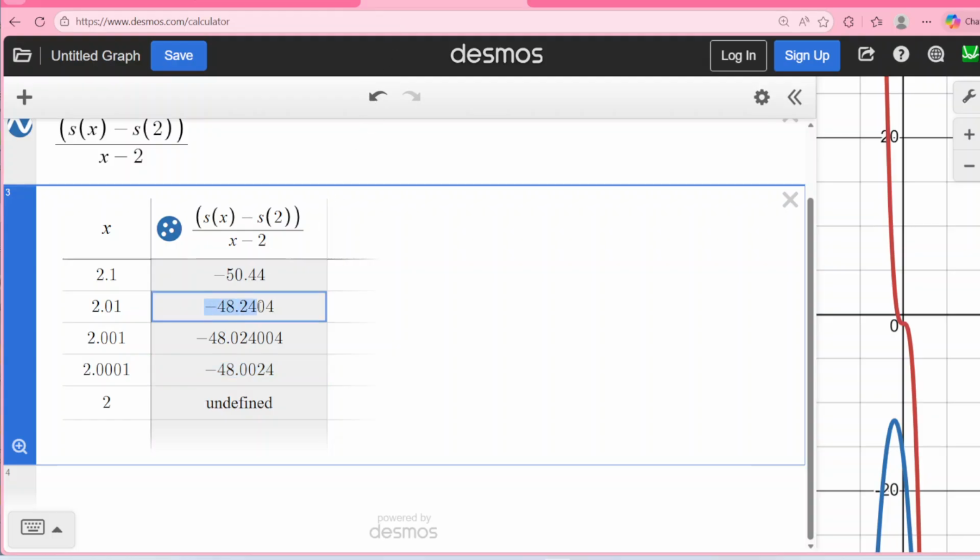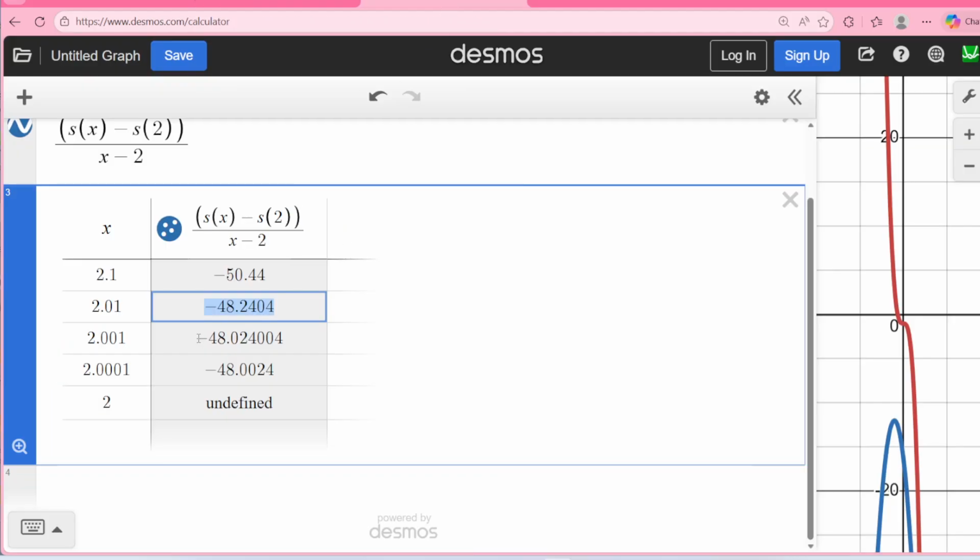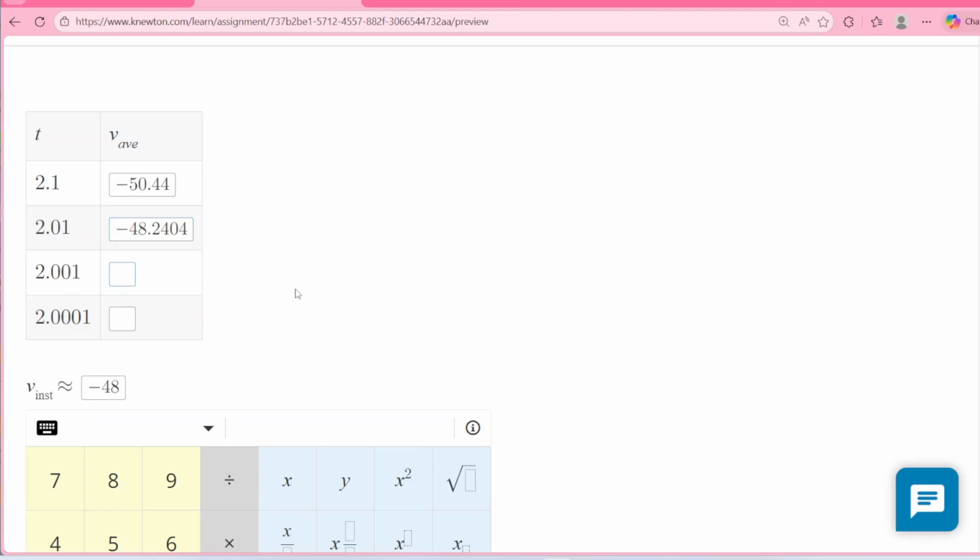And let's do a copy paste. Copy that. So there's your average velocity from 2 seconds to 2.01 seconds. And here's what they have for average velocity from 2 seconds to 2.001 seconds. And that's 6 decimal places.